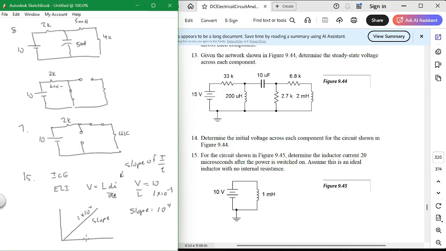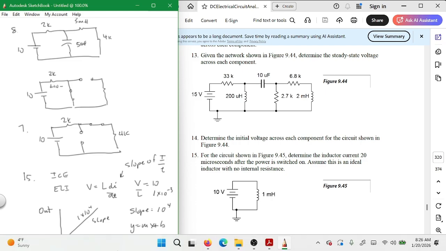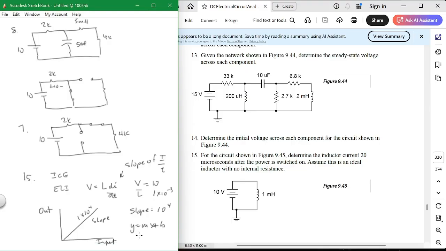All right. So if you have the slope of a line that goes through 0, you can say the output, which is this, is my output. This is my input. Y equals mx plus b, always. What is m? M is the slope.